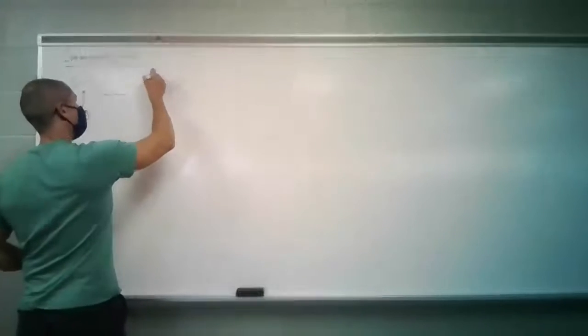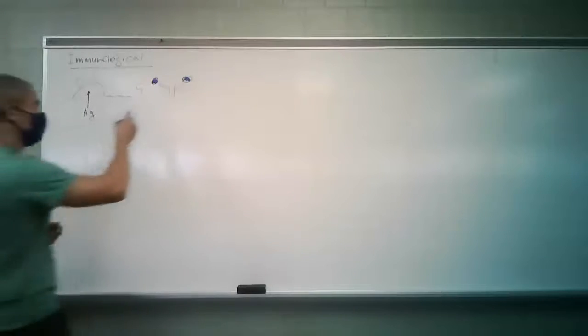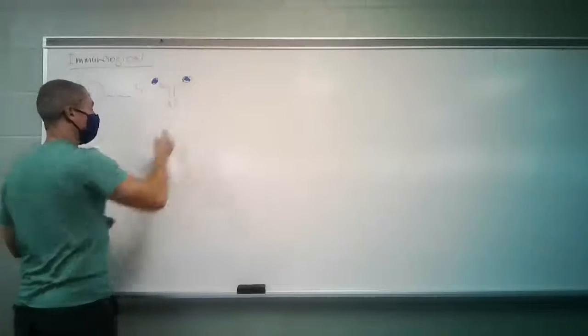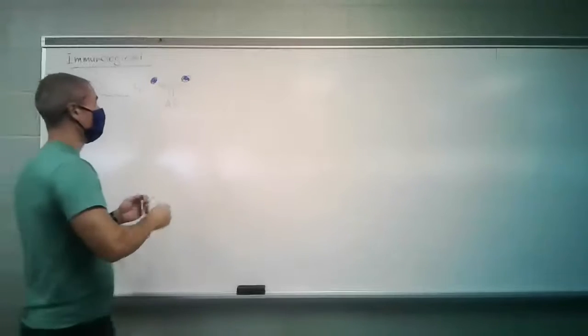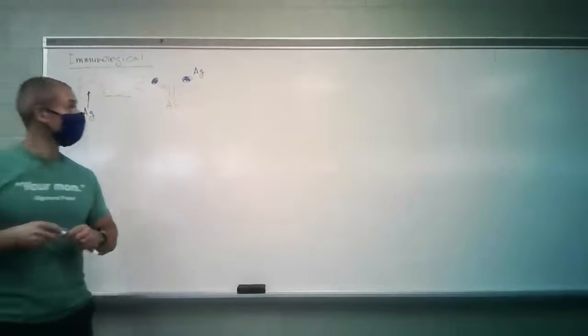Okay, so it will be a molecule which will be able to specifically bind an antigen. Does that make sense? So this is antibody. This is antigen. We're good so far.